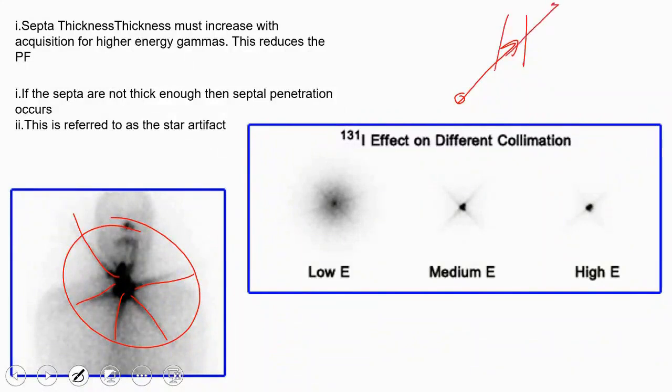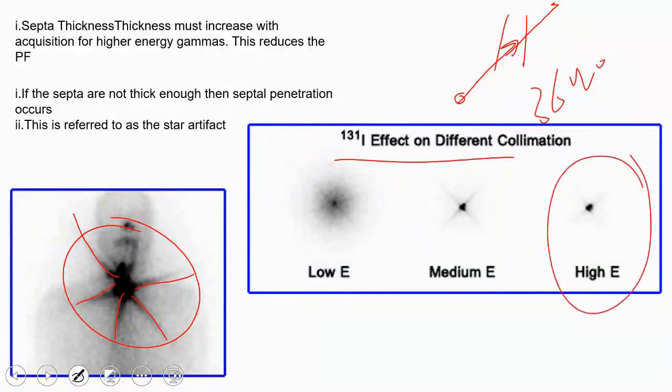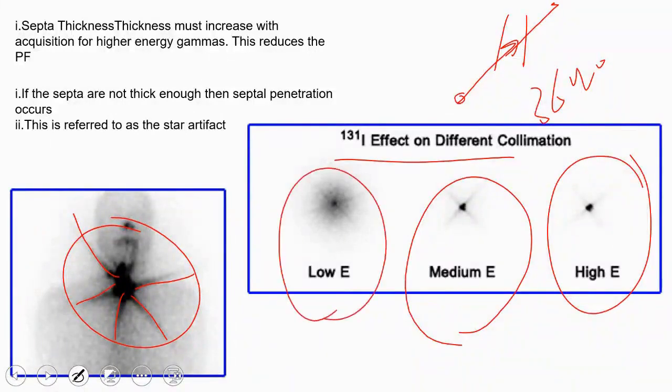For example, here is iodine-131 at 364 keV with the high energy collimator. You see the image has no scattered radiation. With the medium energy collimator, the image is less clear. And with low energy, there is high scattered radiation. Why is that? Because the septum is not thick enough to stop the scattered radiation.